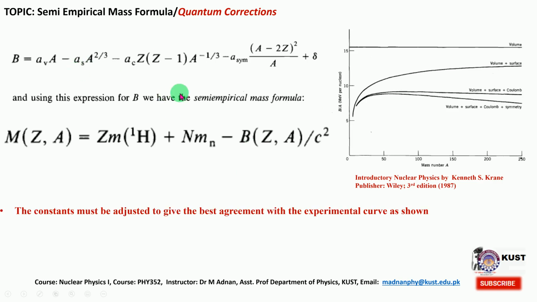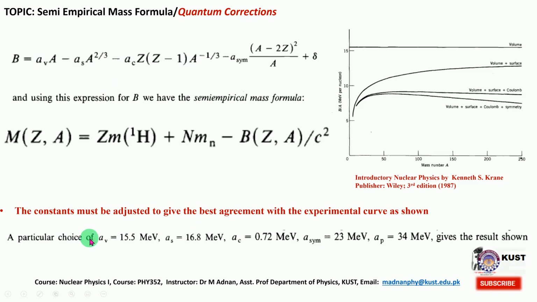Now these constants must be adjusted to give the best agreement with the experimental curve, as we discussed in my last lecture, that you can find different sets of values for these constants depending upon who is talking.